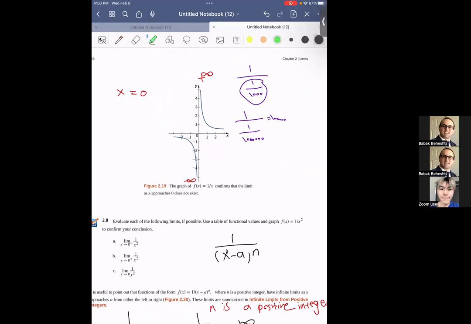What about 1 over x squared? What is the vertical asymptote? Again, 0. So x equal to 0 is a vertical asymptote.